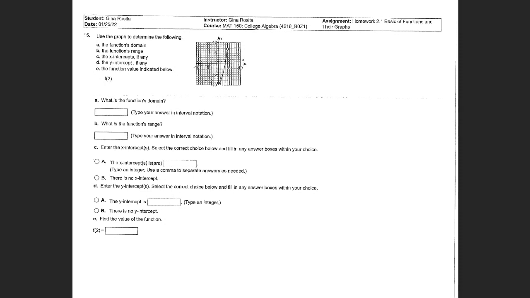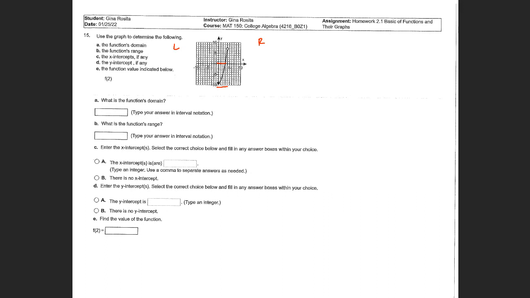Okay, so what is the domain? Remember, domain is from left to right. Look at the x over here.